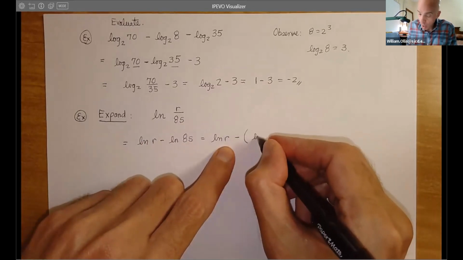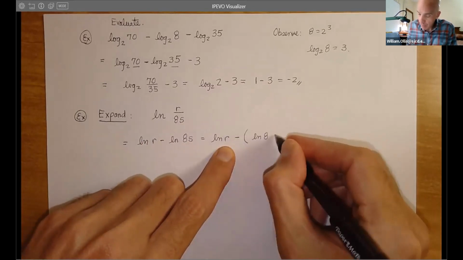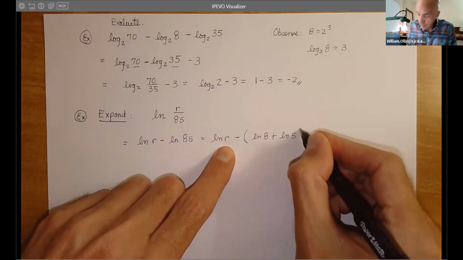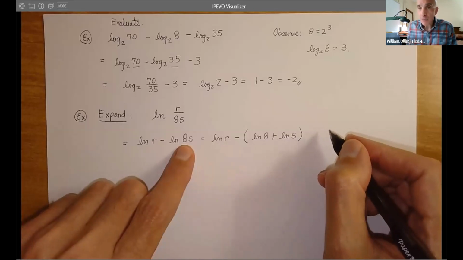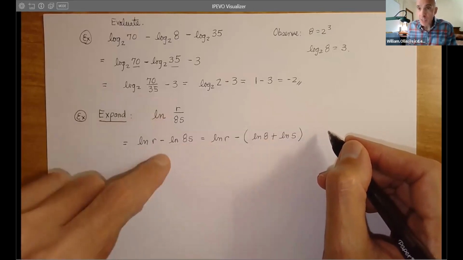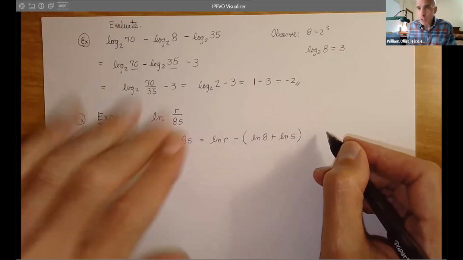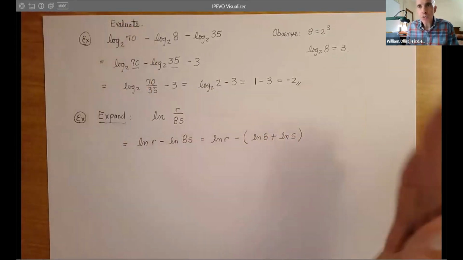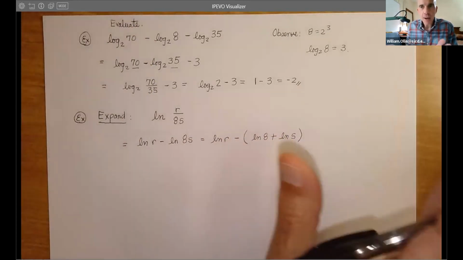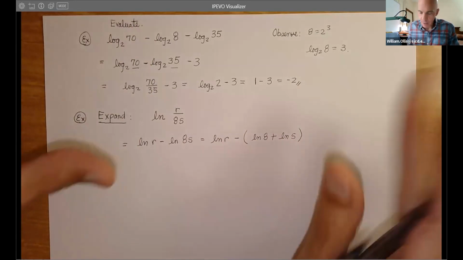We'll have the natural log of 8 plus the natural log of S. So remember, the log of a product is the sum of logs. The log of a quotient is the difference of logs. So expanding is where we produce more log terms, which again can have a positive effect depending on the context.